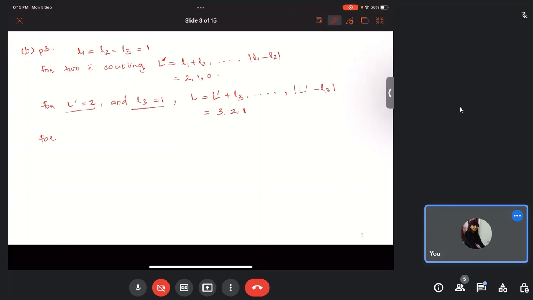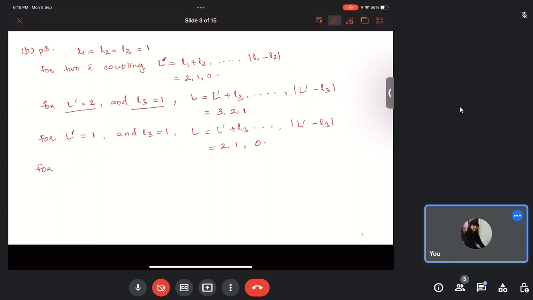Then for L prime equal to 1 and L3 equal to 1, L values can be L prime plus L3 till L prime minus L3. This is going to be 1 plus 1 is 2, 1, and 1 minus 1 is 0. So 2, 1, 0.